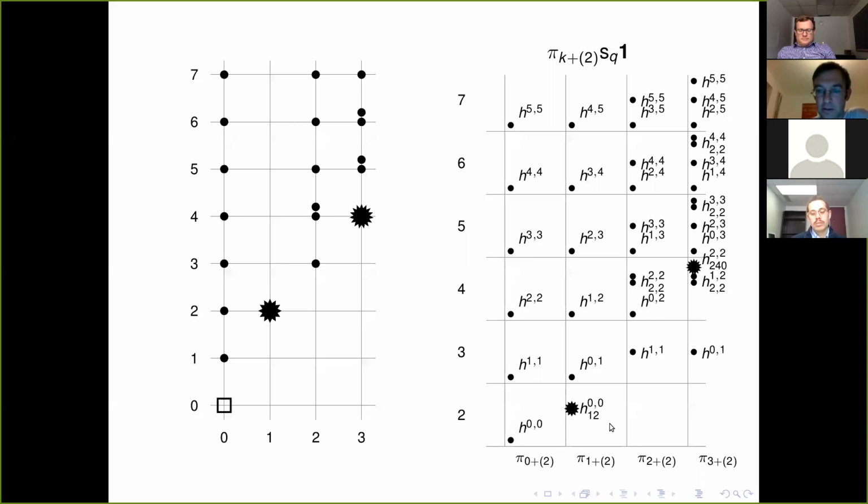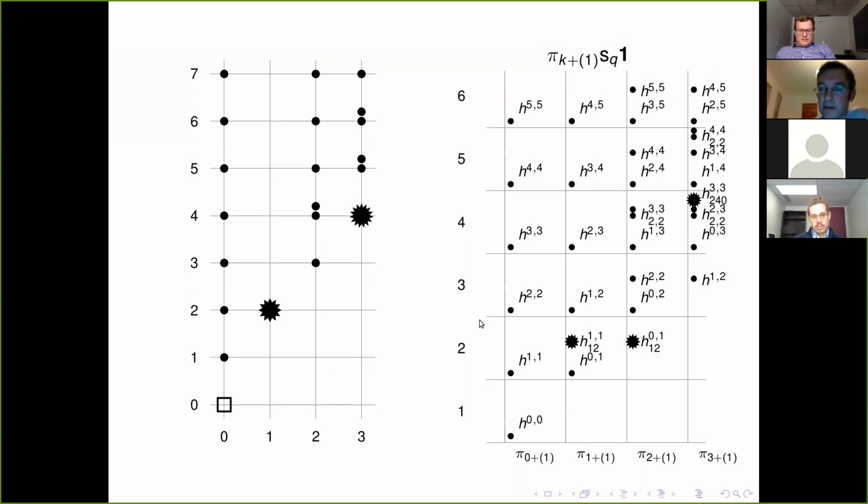And so on the previous slide, it started with stuff coming from the 3 slice, which gave us just 1 group here, but now we have 2 groups here and another 2 groups here. Yeah, you can sort of guess from this how the pattern goes.